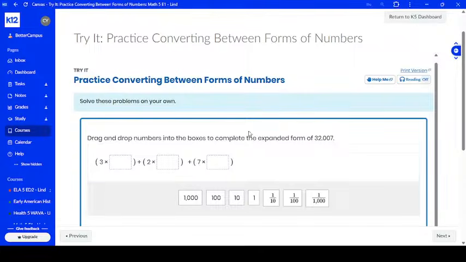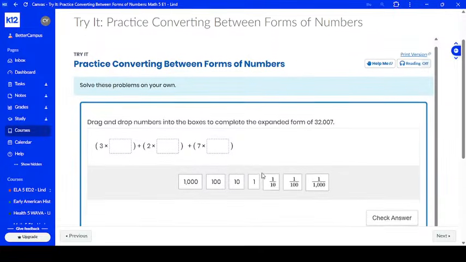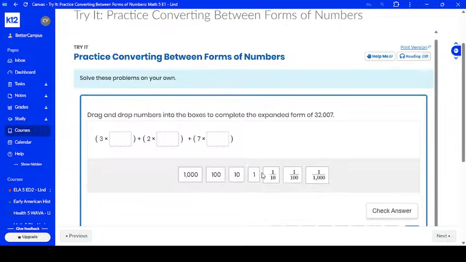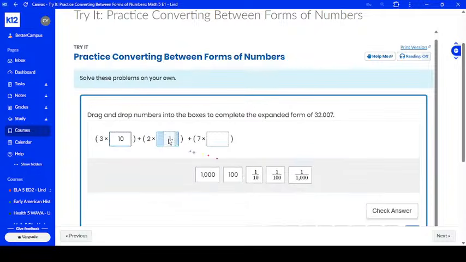Okay, let's go. Drag and drop each. Yeah, okay. So the 3 is in the tens place. The 2 is in the ones place.